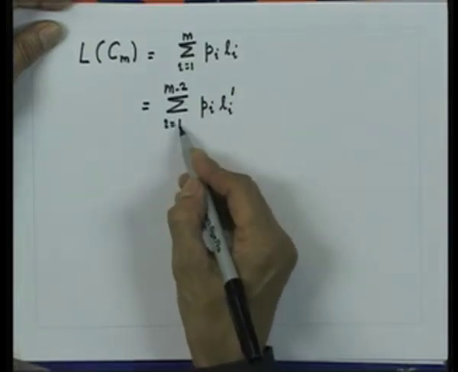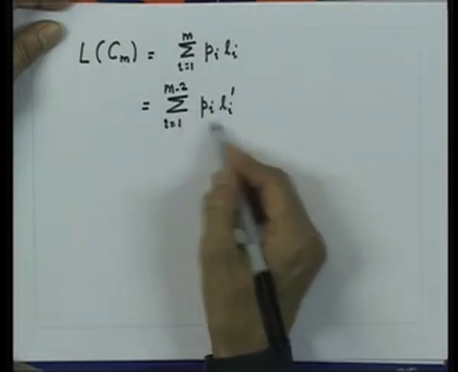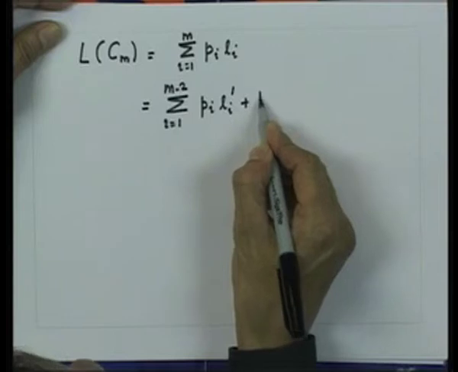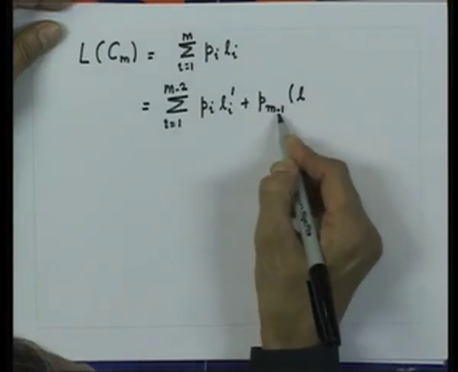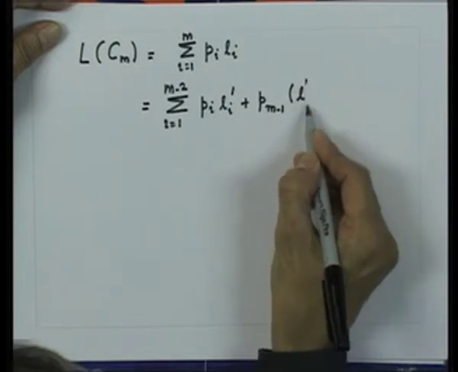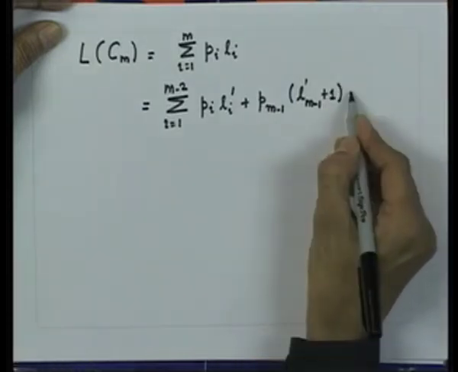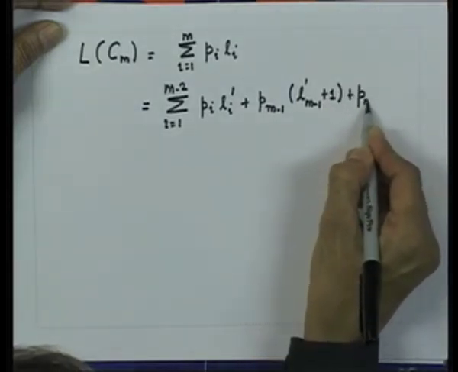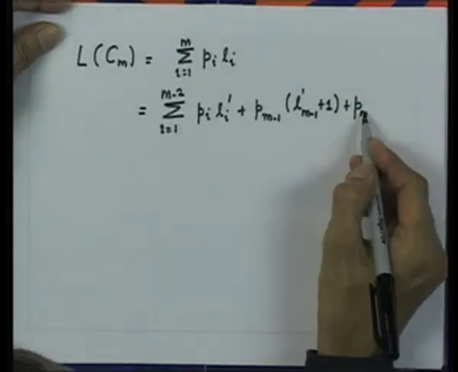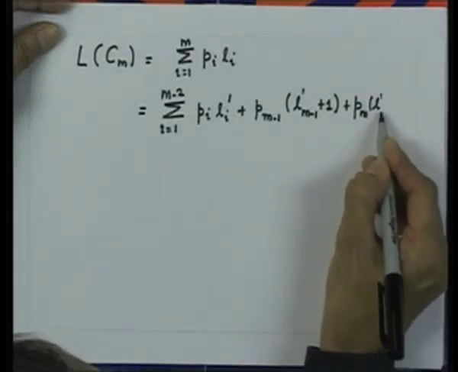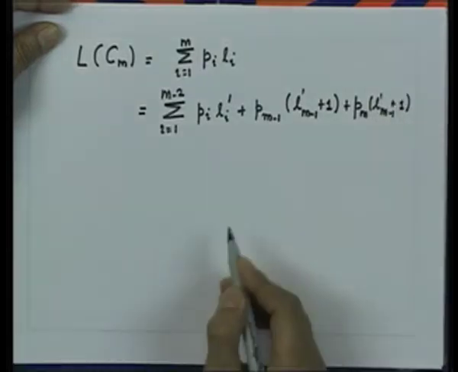For i equal to 1 to m minus 2, Li is the same as Li'. So I can write this expression, plus P_(m-1) times the length for the (m-1)th symbol, which is L'_(m-1) plus 1, and similarly the length for the code word corresponding to S_m is L'_(m-1) plus 1.